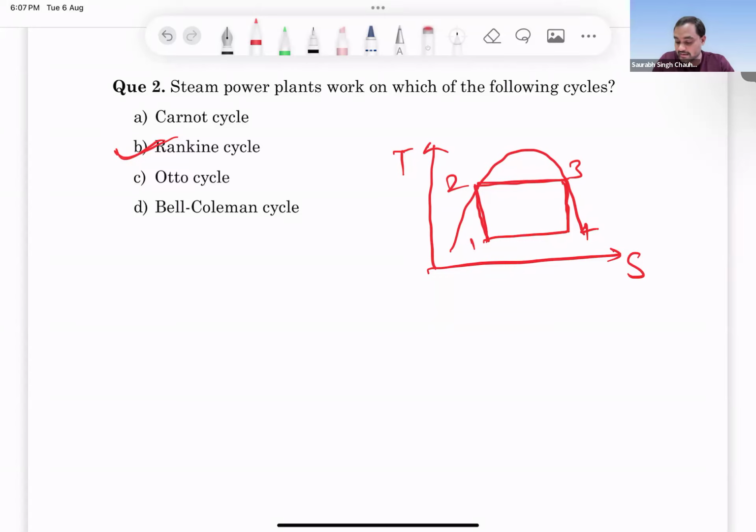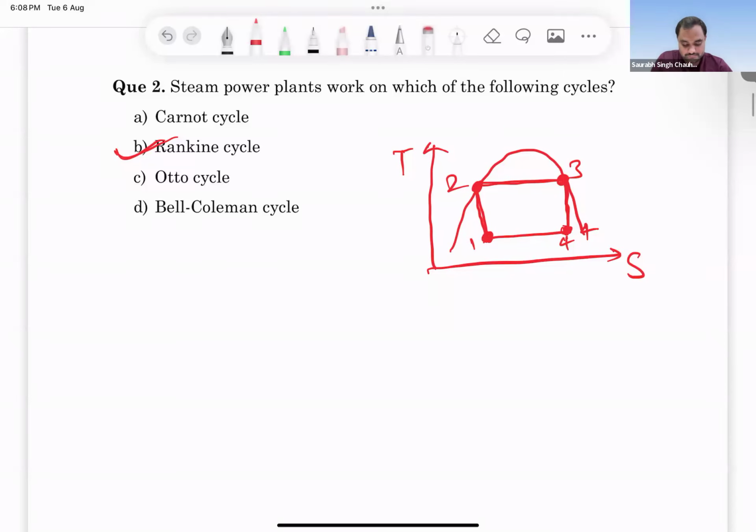Controlling this process is also difficult: if you want to stop the expansion process in the turbine at point 4, it is very, very difficult to control precisely. So precise control is difficult, and the turbine and pump have to handle two phase fluids, so it is very difficult to have a Carnot cycle. The Rankine cycle is the more practical one, so that is used in steam power plants.